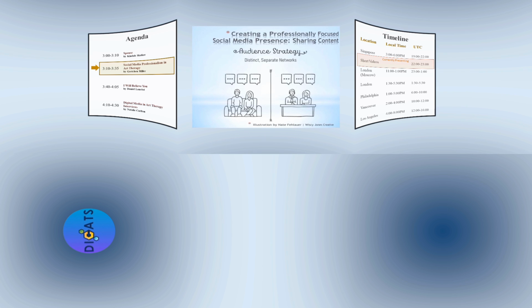The first is the audience strategy. This form of sharing includes having distinct separate networks, one for colleagues, coworkers, or work-related contacts, and another network for only family and friends that are not associated with your work life. Using this type of strategy creates a clear boundary to share work-related content as well as connect with colleagues on professional platforms only.